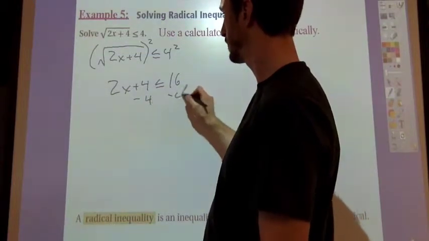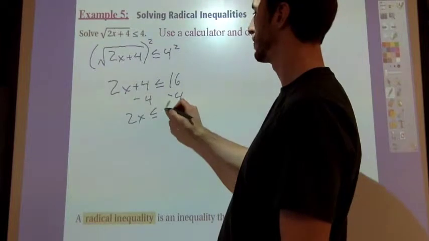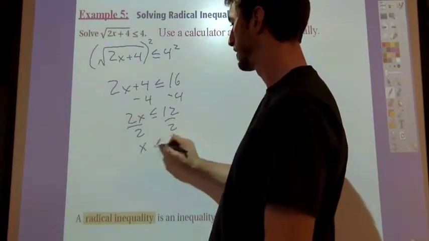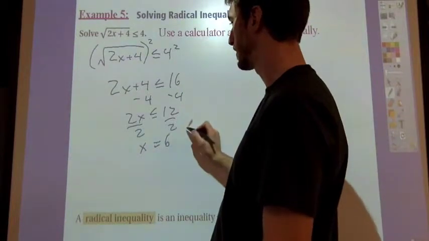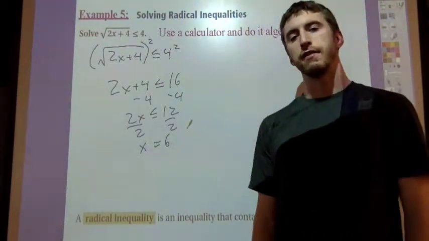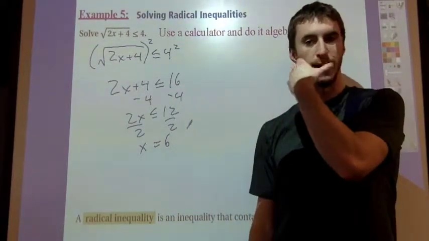Subtract 4 from both sides, I get 2x is less than or equal to 16 minus 4, which is 12. Divide both sides by 2, x is less than or equal to 6. This represents the point at which the two graphs intersect.